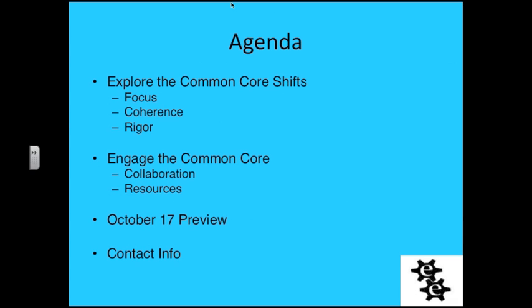We're going to take a look first at the shifts that the Common Core calls for in mathematics. They are very specific about the shifts in teaching and learning that need to happen in order for the standards to be put into place effectively in the right way. We want to talk also about how you can engage the Common Core, how you can take control of the process.